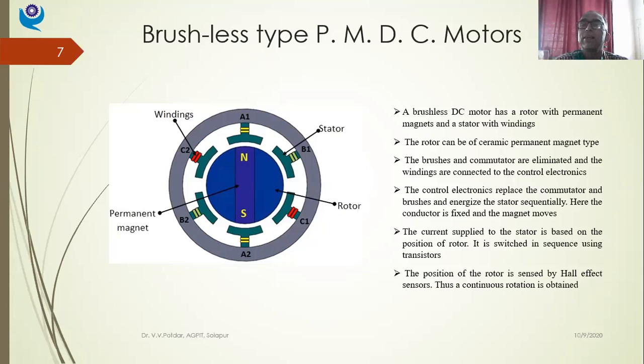We'll see the circuit briefly in the next slide. The position of the rotor is sensed by Hall effect sensors. We have studied Hall effect sensors during the first unit on sensors and transducers. Thus, a continuous rotation is obtained.